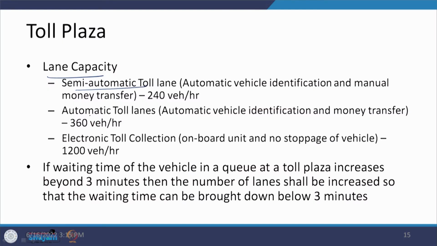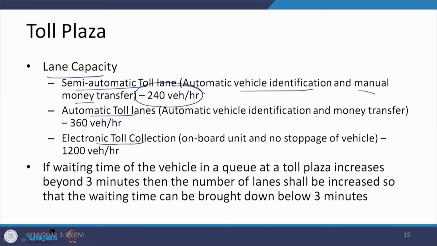Or it can be a simple electronic system where the vehicle arrives, the RFID tag is read, the charge is deducted and the vehicle moves. There is no manual intervention. So, we may have a semi-automatic system, an automatic system and an electronic system. When we say semi-automatic system, here automatic vehicle identification and manual money transfer give a capacity of 240 vehicles per hour.